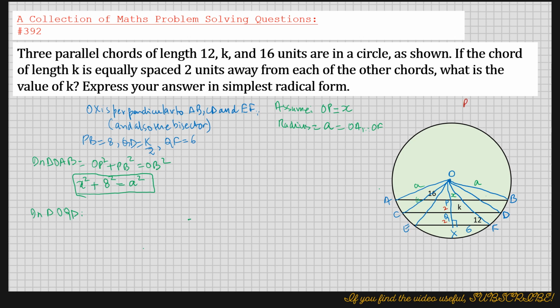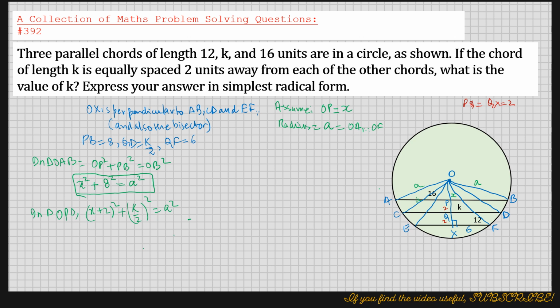So in triangle OPD, you have x plus 2 whole square plus k out of 2 whole square, and that equals a square.